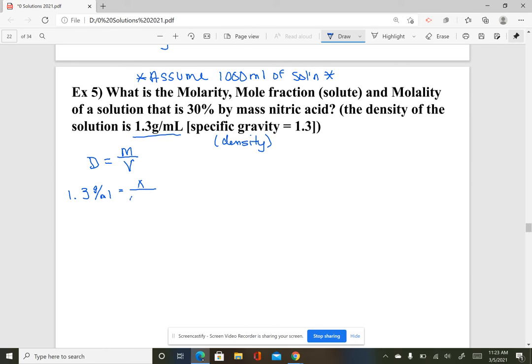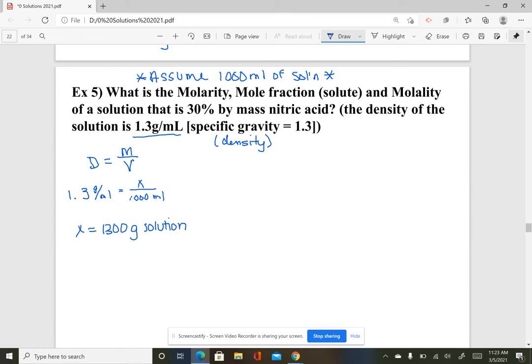This is where that assumption comes into play. I have to assume I have 1,000 milliliters of the solution. So when you cross multiply, you can figure out how many grams your solution is, which we're going to need.